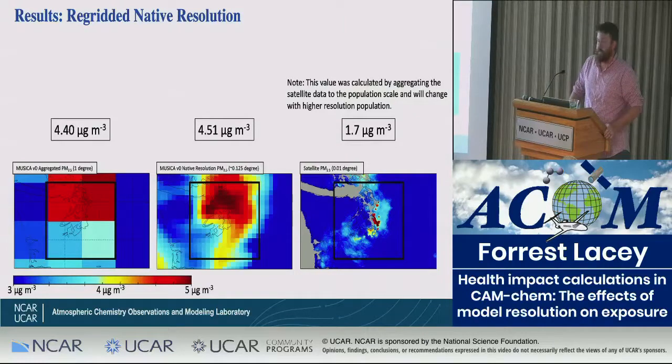Basically, yes. And the reason for that, I still need to look into further, but we could have a biomass burning event in the model that's not captured in the satellite data. There could be a number of other factors that contribute to that.